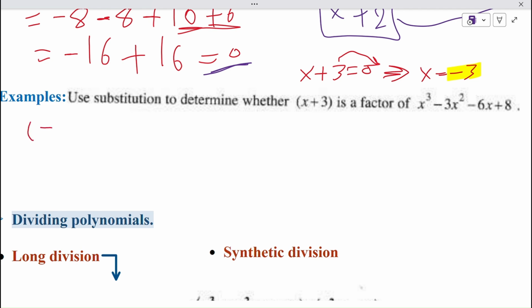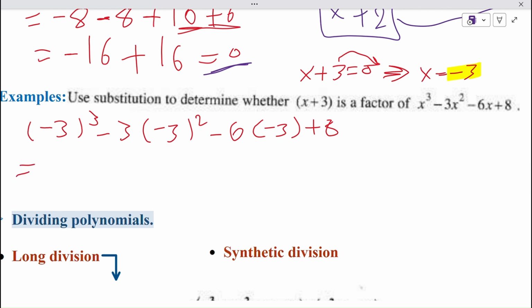So here we have minus 3 cubed, minus 3 squared times 6, minus 3, plus 8. Okay, minus 3 times 3 equal to 9. 9 times 3 is equal to minus 27.